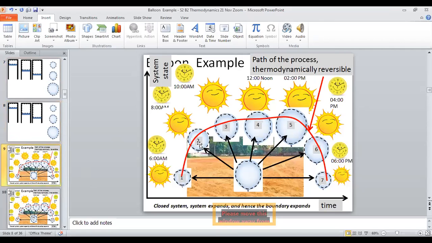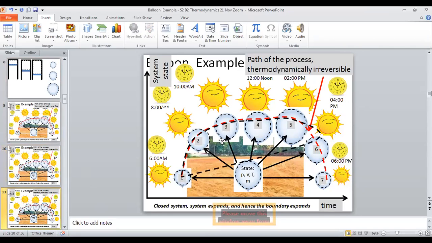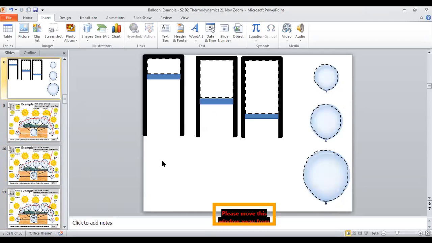Today you are going to understand this to the fullest. Once you understand this, it is almost done, the knowledge of closed systems.